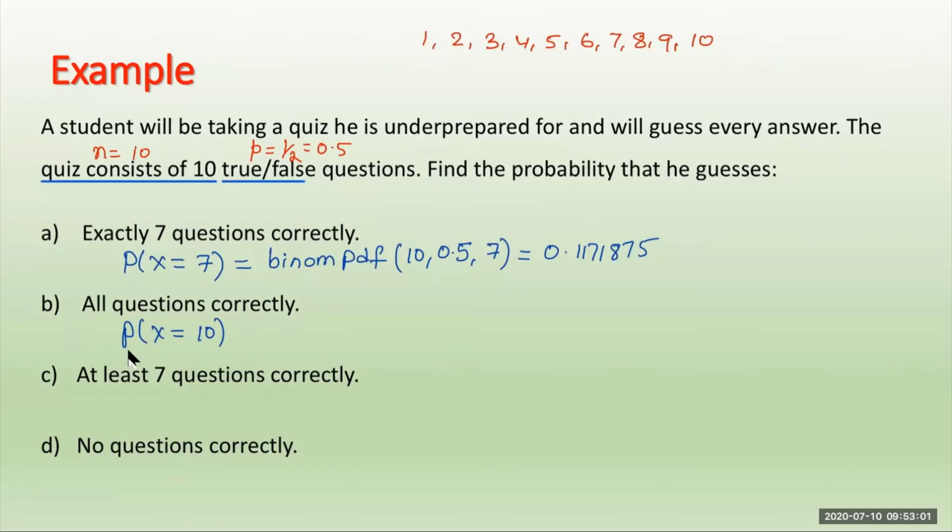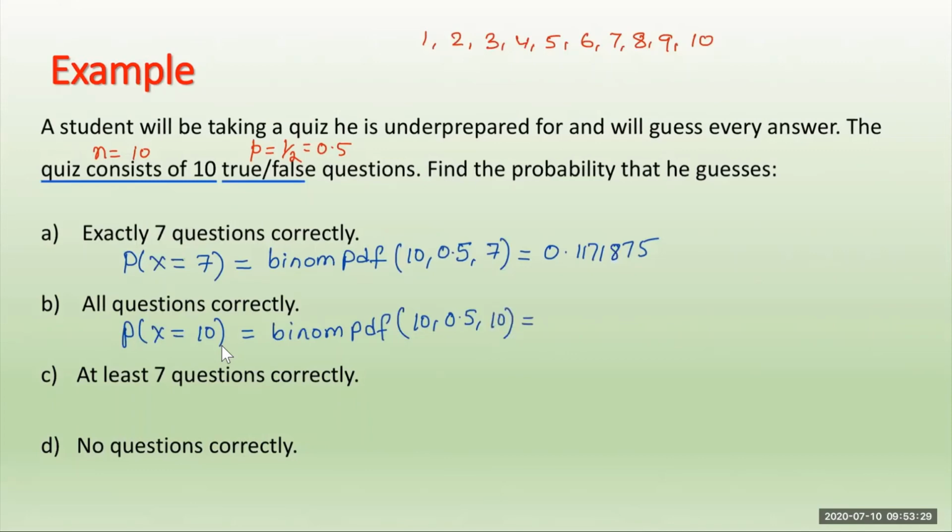So you can think that this probability will be very close to 0, but we are going to check that in a calculator in a second. First, let's write it down. So when x is exactly equal to 10, this will be binomial probability distribution function. 10 is the total number. Probability of success is 0.5. And also the value of x is 10.